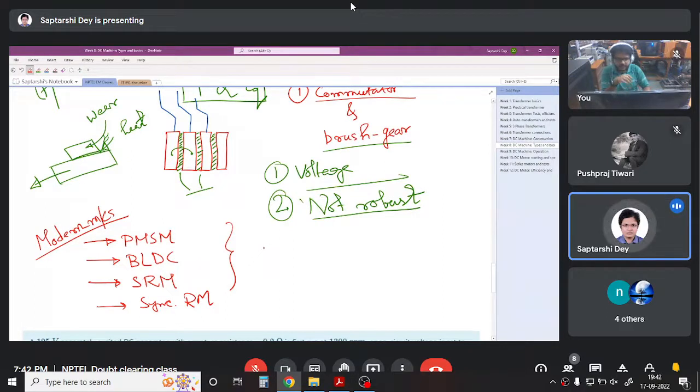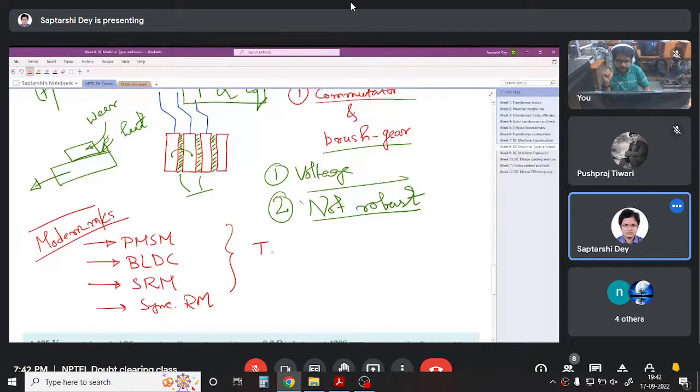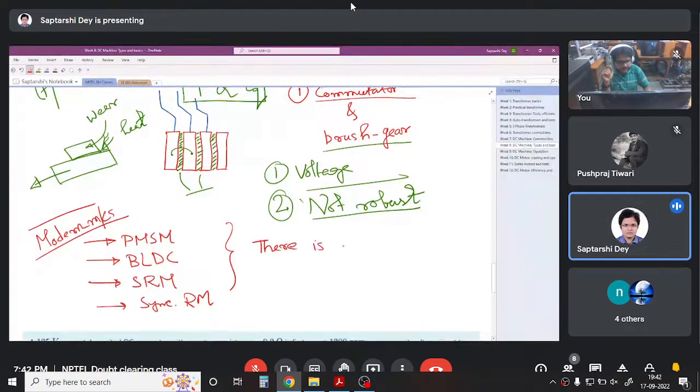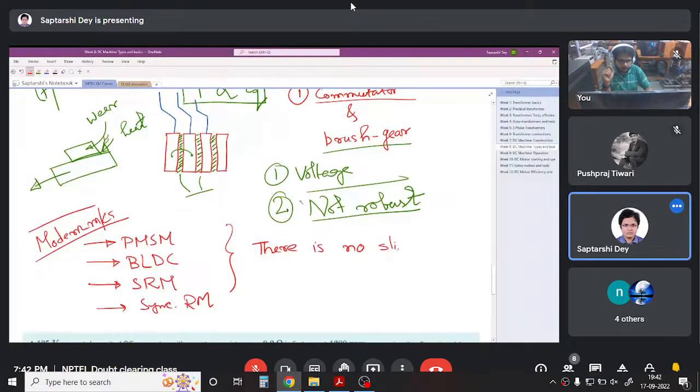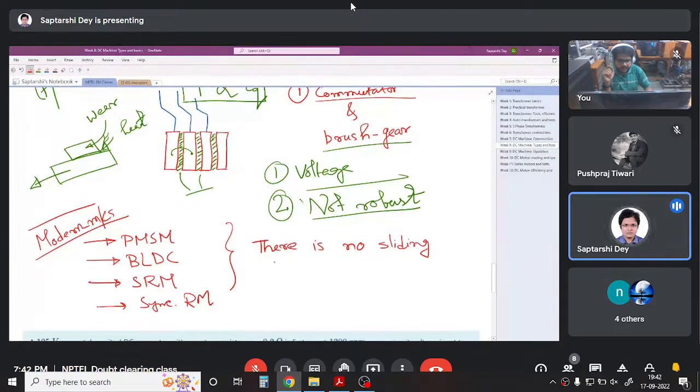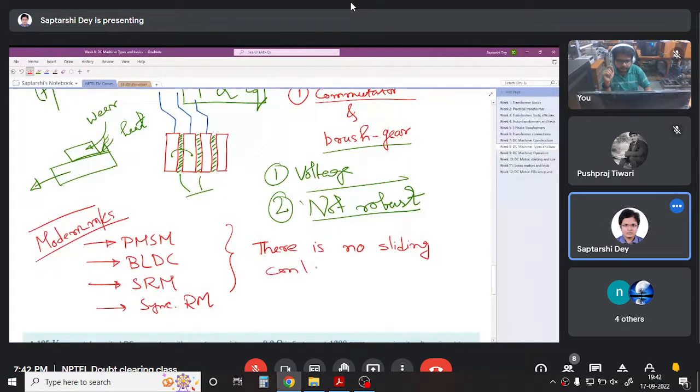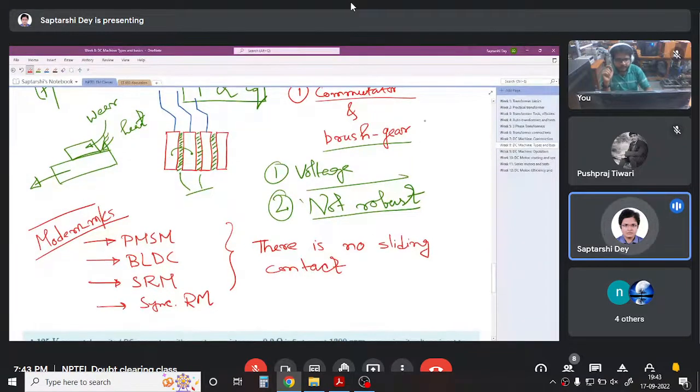Among these modern machines, one thing is common in all of them. What is common? There is no sliding contact. This commutator brush gear is the weakest point of a DC machine.